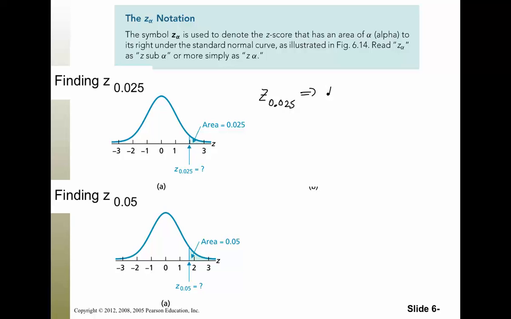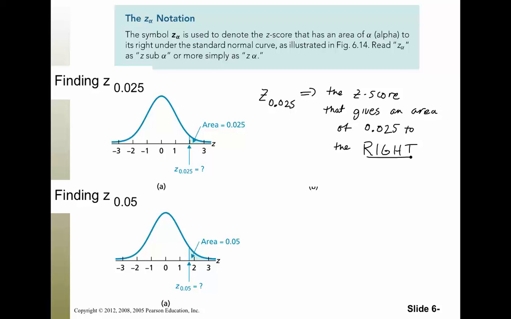This is the z-score that gives an area of 0.025 to the right under the curve.